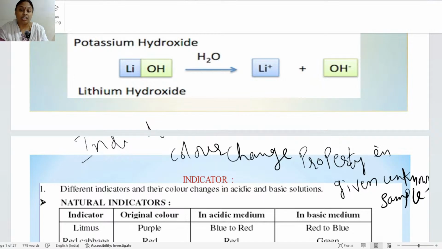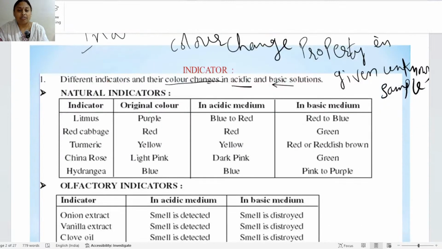Those will be known as the indicators. Generally, these show the color change properties in acid or base. When it comes to the indicators, we have three types.